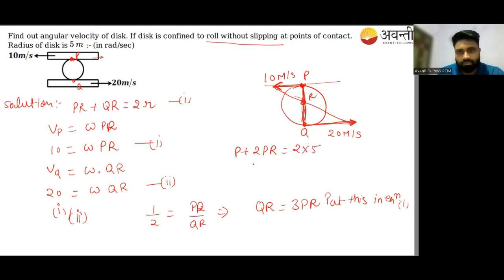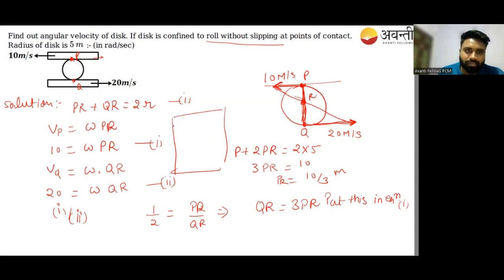So 3PR equals 10, or PR is equal to 10 by 3 meter. Now put this value in equation 1 or equation 2, and you will have the value of omega. Put it in equation 1, we have omega times PR, which is 10 by 3, equals 10. So omega we have as 3 radian per second.